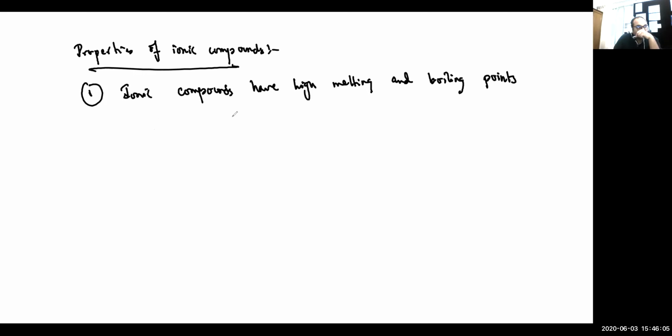So compound, melting point, boiling point. Sodium chloride, melting point is 801, boiling point 1413.